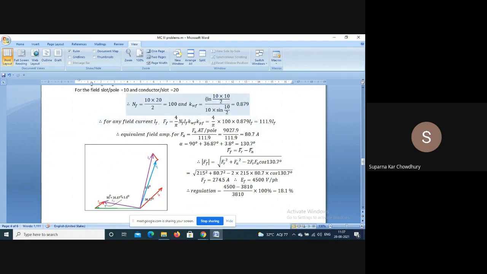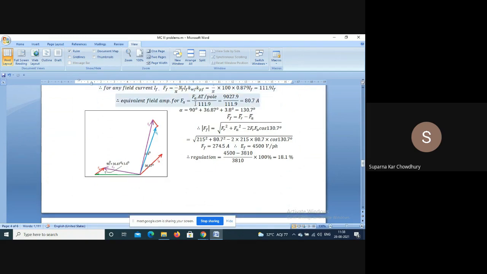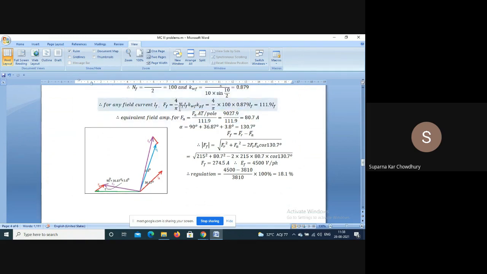The winding factor for the rotor winding will be sine of q gamma by 2 over q sine gamma by 2. This q is 10, the field slots per pole, because here there is no phase. Gamma is the slot pitch angle. So from here we get KWf equal to 0.879. For the field, FF will be 4 by pi NF, and the 3 by 2 factor will not be there because this is not a 3-phase winding.